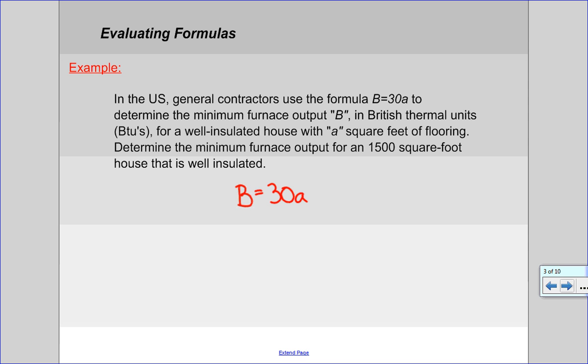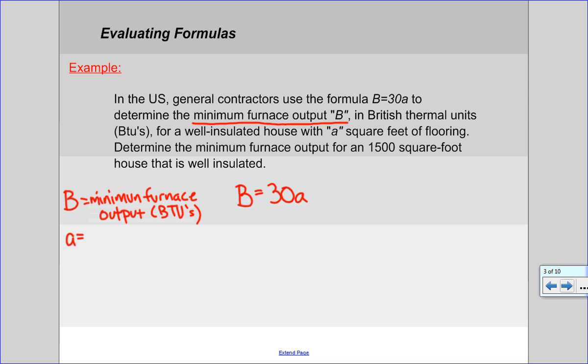The two variables in this formula are B and A. We can see that B stands for the minimum furnace output. And the units are BTUs.